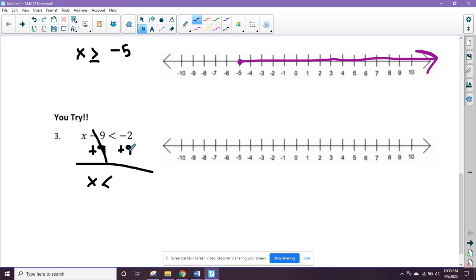And then -2 plus 9, you can think of it as 9 minus 2, and that is 7. So we go over to 7. Is it open or closed? It's going to be an open circle. Let's use color. And then we are graphing it to the left.